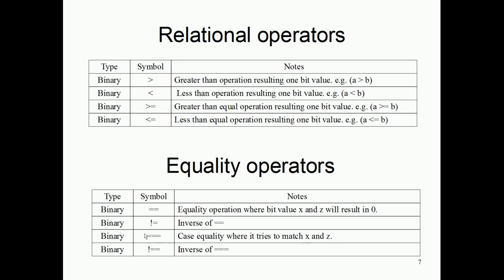We usually use triple equal very often instead of double equal, because we are more interested in the bitwise comparison with handling of x and z. And not triple equal is just the inverse of triple equal.